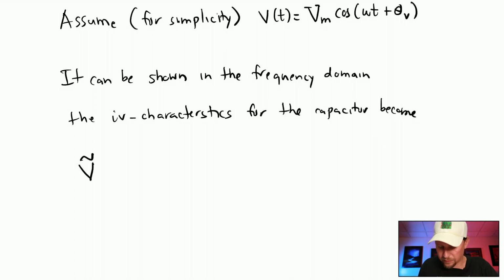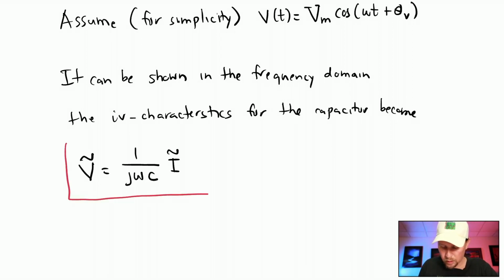The phasor voltage for the capacitor is equal to 1 over j omega C, where C is the capacitance, times the phasor current. And this is the result that we actually wanted to get to.